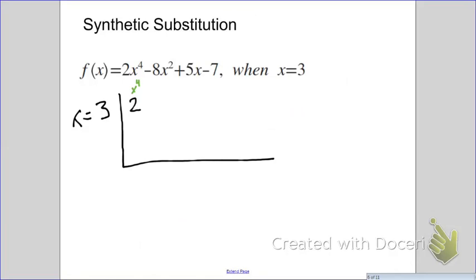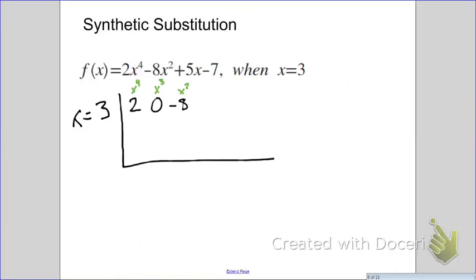Next is the x to the 3rd power. I don't see it, so I put 0. Again, that's because I'm looking for x to the 3rd power. Next up is x to the 2nd power. I do see that. That's negative 8. Next up is x to the power 1.